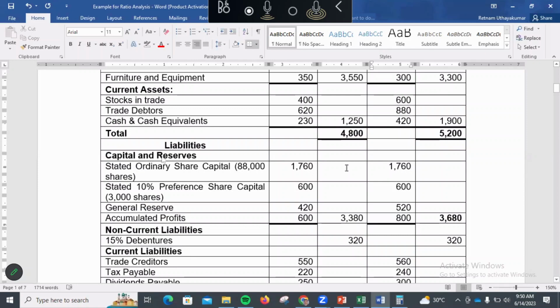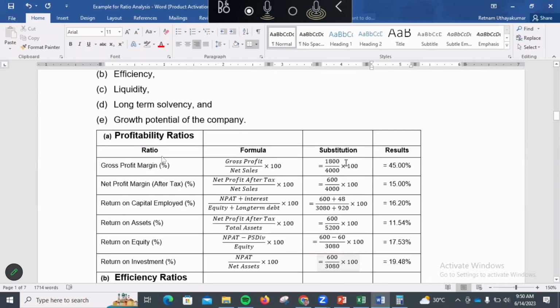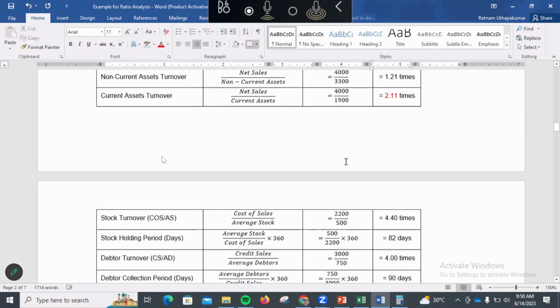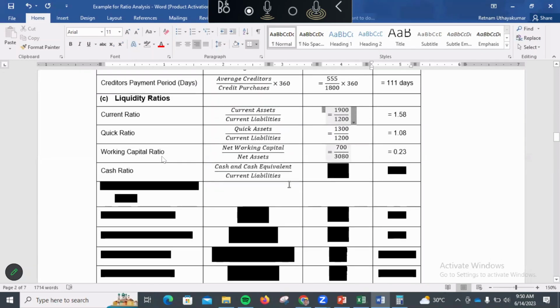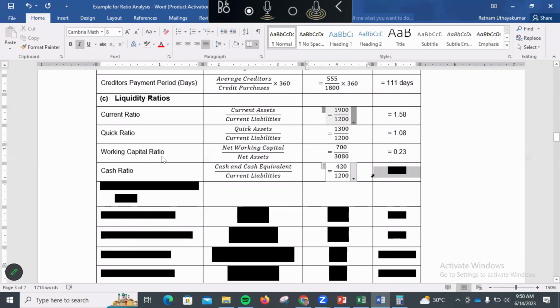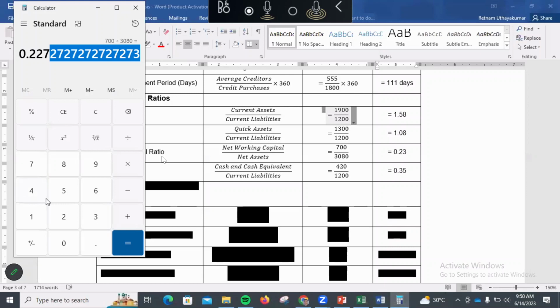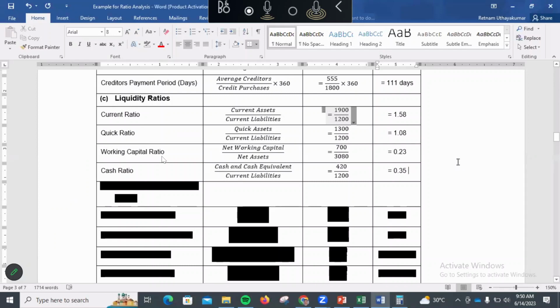So you take it. Current liability 1200. So you can get the result 0.35. 420 over 1200, so you can get exactly 0.35. And any other ratios, you can try it.